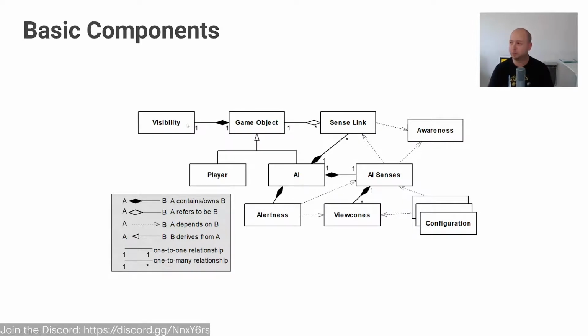The visibility determines whether it's there or not, and the AI has some kind of alertness that controls view cones that the AI senses own. There are configurations that determine what the view cones are. The AI senses interplay with an awareness system and a sense link, which link to other game objects.